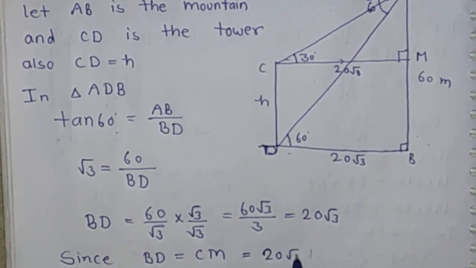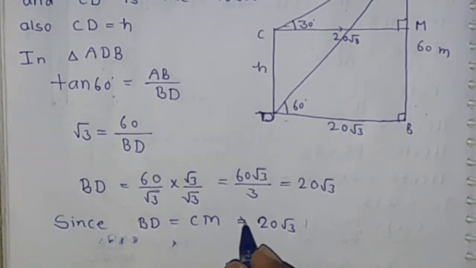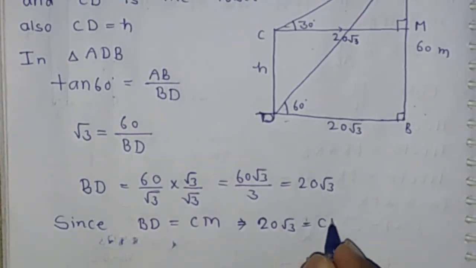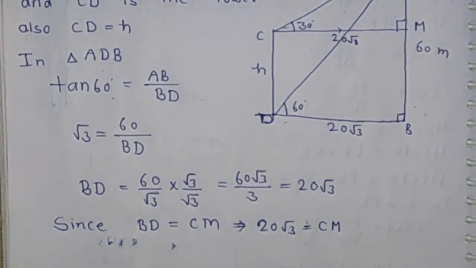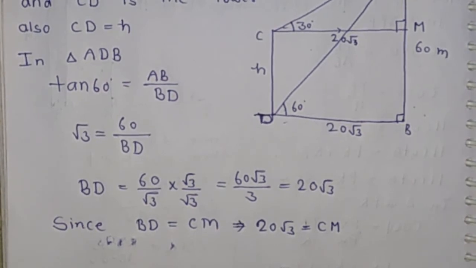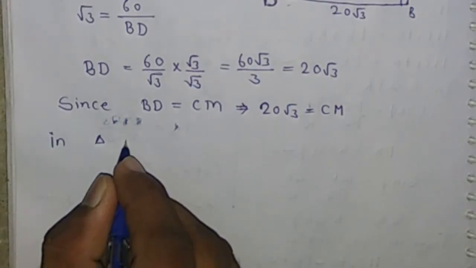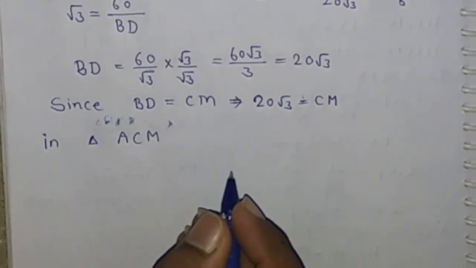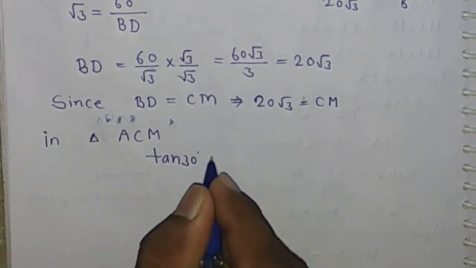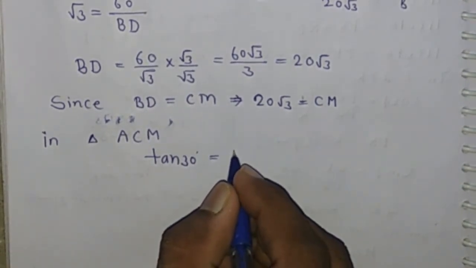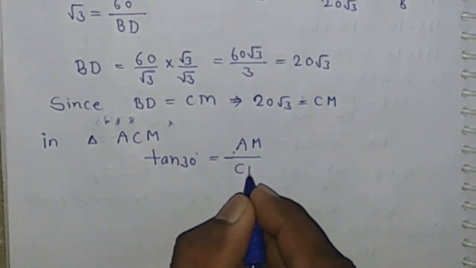BD is 20 root 3, CM is also 20 root 3. Now in triangle ACM, we have tan 30 degree equal perpendicular, means AM upon CM.